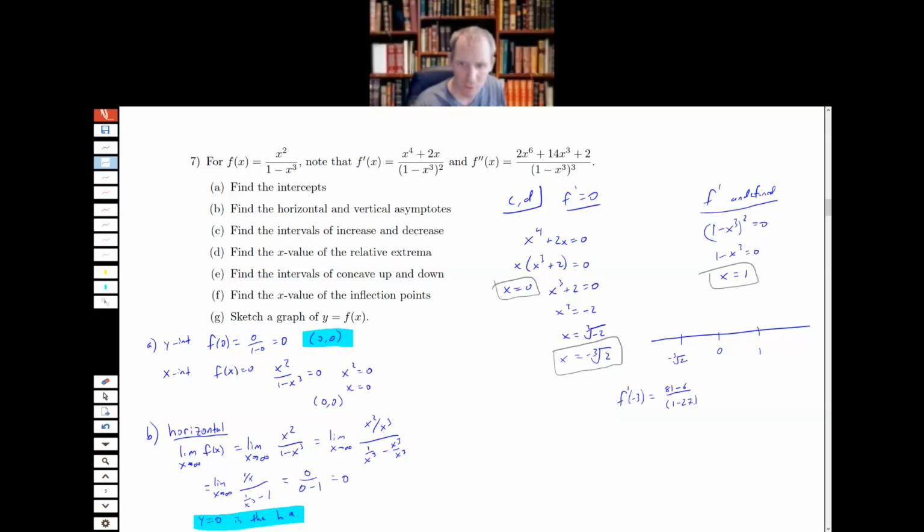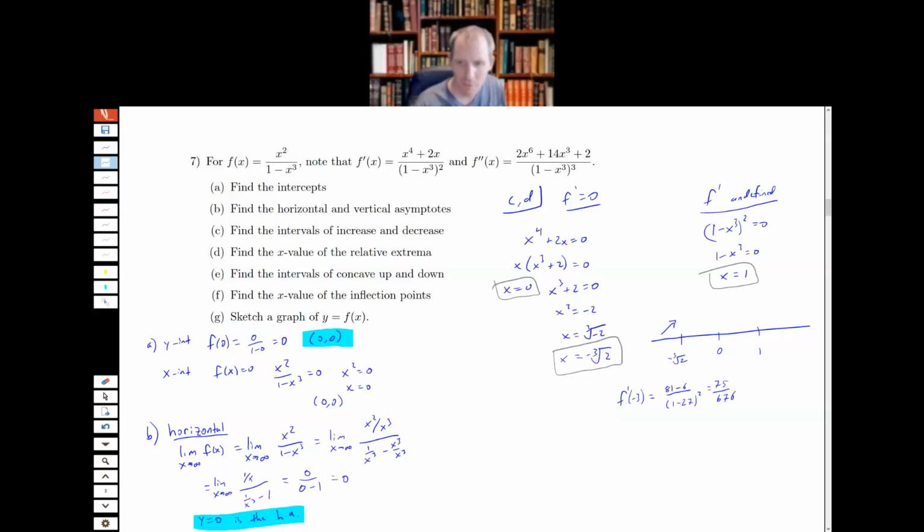And I have 1 minus 27, which is then squared on bottom. Okay, so I get something like 75 over 676. I don't care exactly about the number. The point is that it's positive, so my function is increasing.